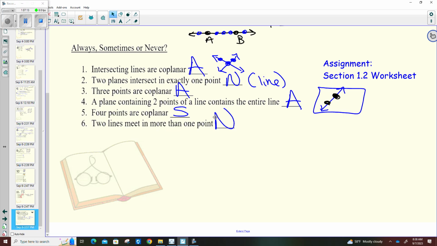So on numbers 1 through 4, it says use the pictures for 1 through 5. So you see off to the right, you've got that picture that we had in our notes.